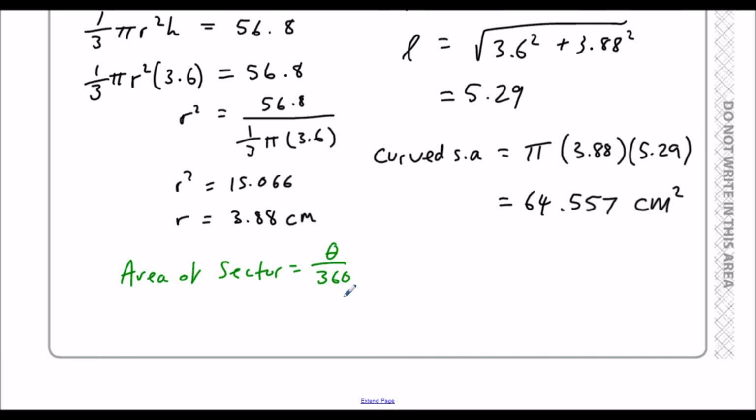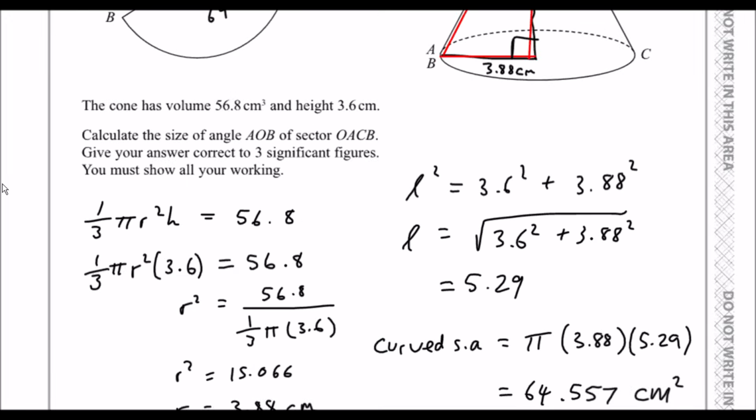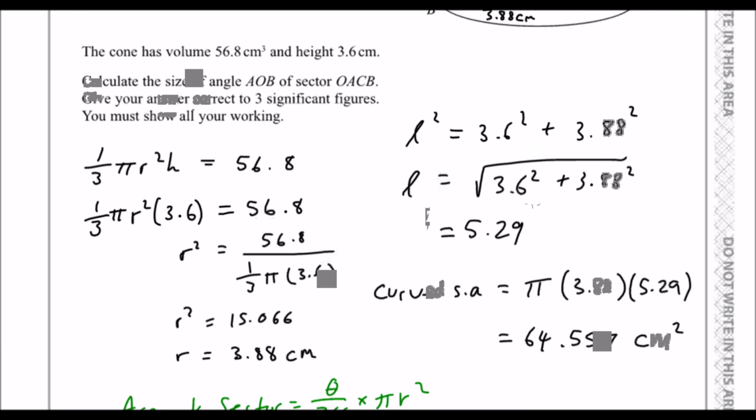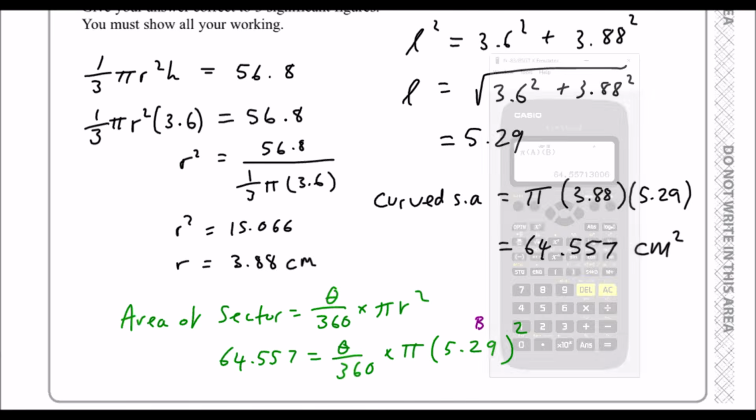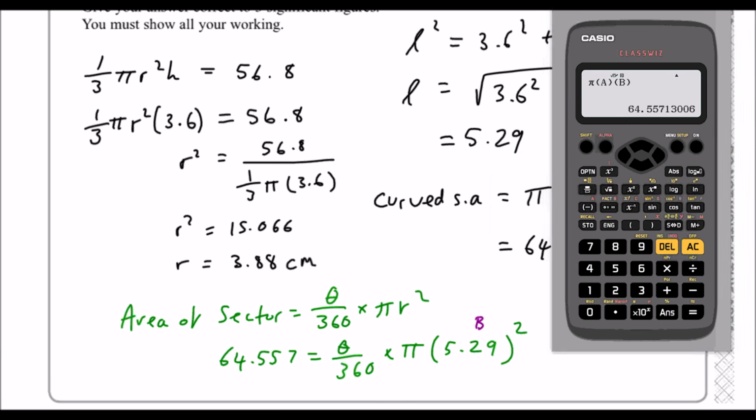What fraction of the circle have we got? And that's that fraction of the area of the whole circle, pi r squared. So 64.557 is equal to theta over 360 times pi times the radius, which is 5.29 squared. Just to remember, I've saved 5.29 as b in the calculator, so I can use that as the whole number.